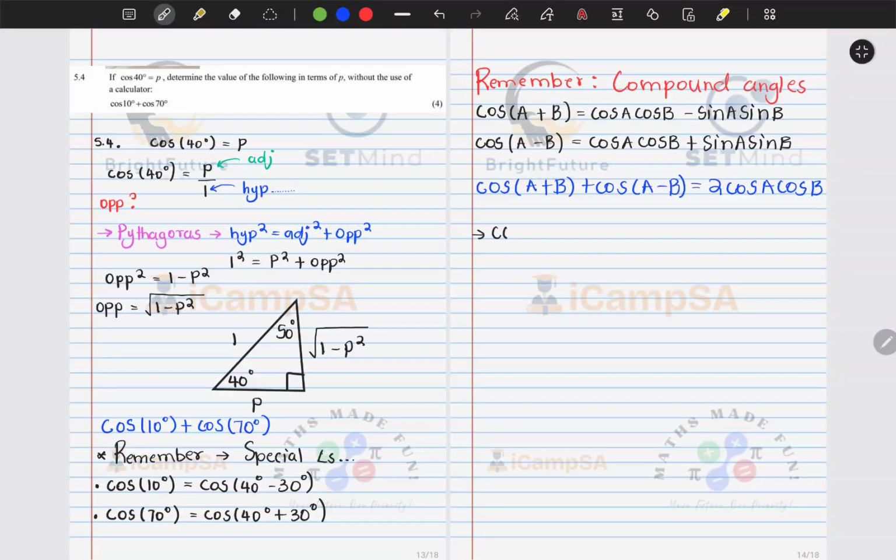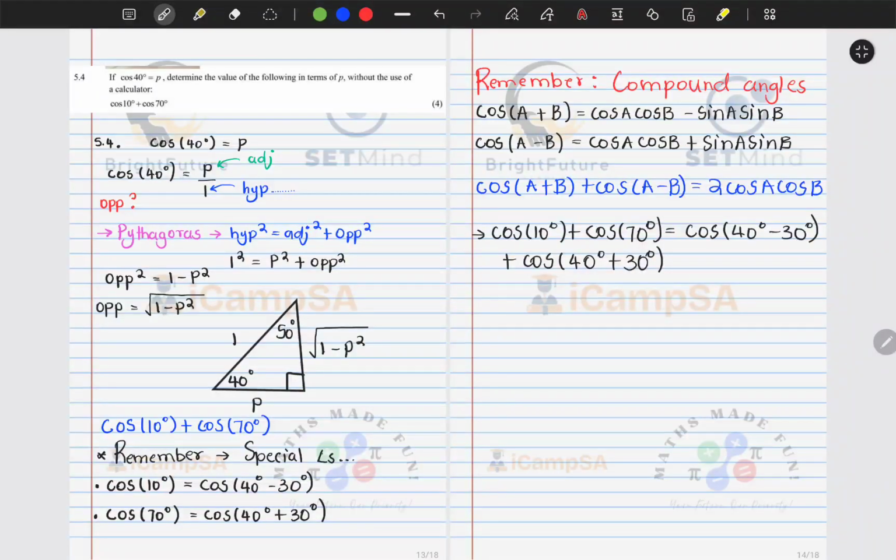Well, if we do cos of 10 degrees plus cos of 70 degrees, you should be able to see that this is the same as cos of 40 degrees minus 30 degrees plus cos of 40 degrees plus 30 degrees.